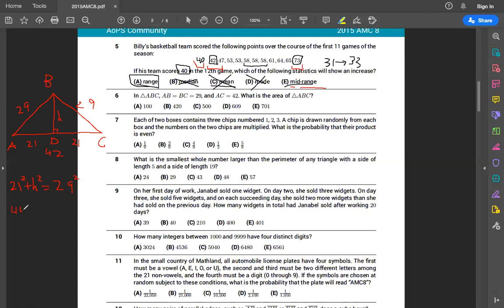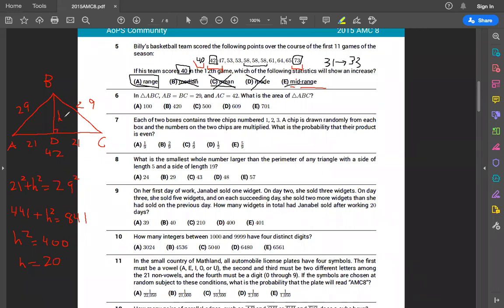Now we can expand: 441 plus the height squared is equal to 841. So the height squared equals 400, and that means the height is 20. The height cannot be negative 20, because distances have to be positive here.